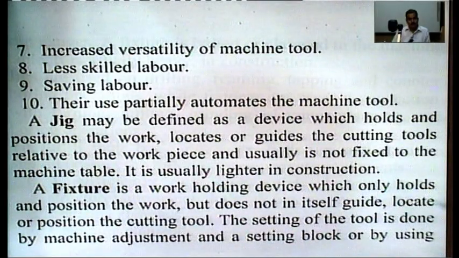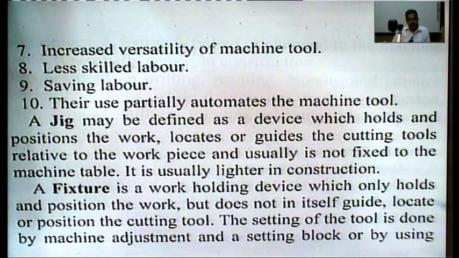Now, a fixture is a work holding device. Mind it, a jig is a work holding as well as locating device. At the same time, a fixture is a work holding device which only holds and positions the work, and does not in itself guide or locate or position the cutting tool. And this is the main difference between the jig and fixture.